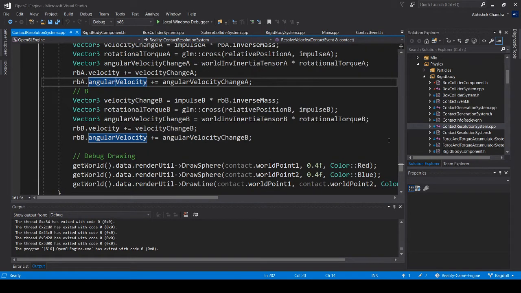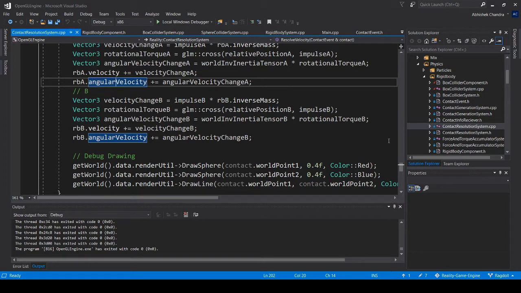That's our velocity resolution. If you guys remember, we did almost exactly all of this last week, but we had a problem. We had a problem where our cube was not bouncing the way we wanted, or the way that would have looked logical.